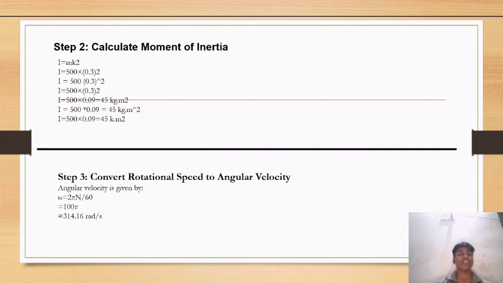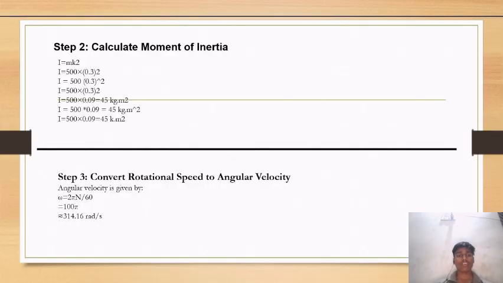The formula is I equals m k square. We know the value of m and k, so 500 into 0.3 square. After calculating, we get the answer I equals 45 kg meter square.